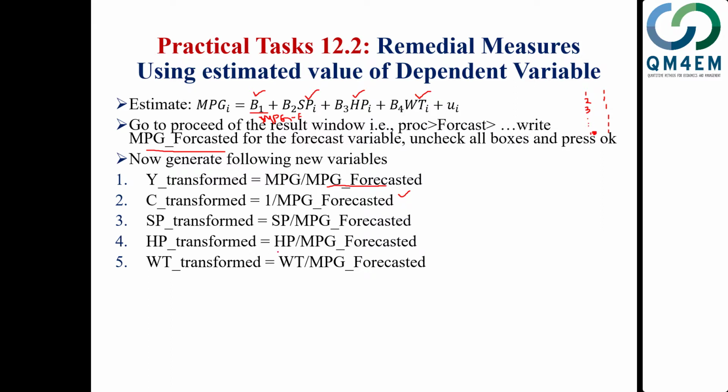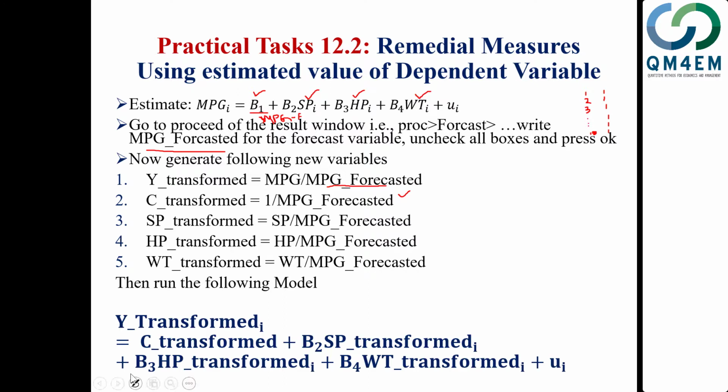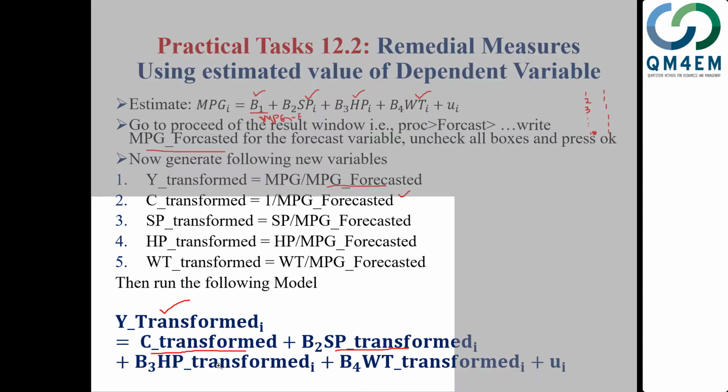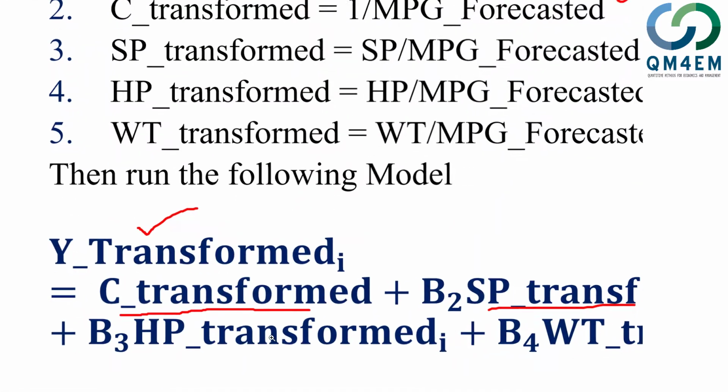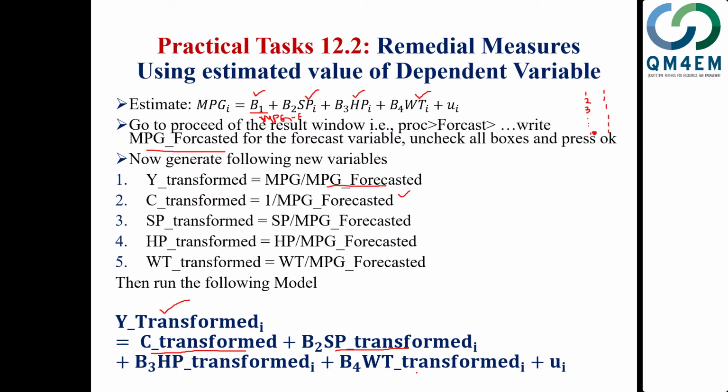Once I have these new transformed variables, I have to run this model: Y transformed regressed on constant transformed, SP transformed, HP transformed, and WT transformed. So that's the procedure for applying this particular method.